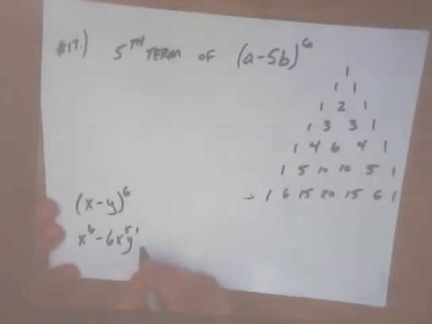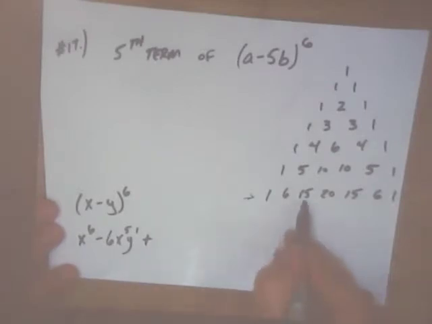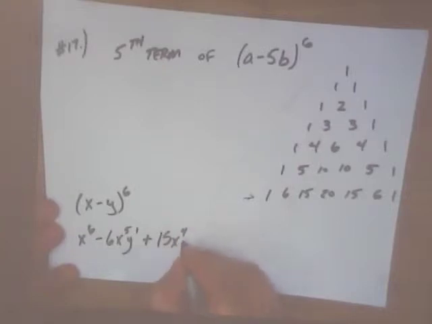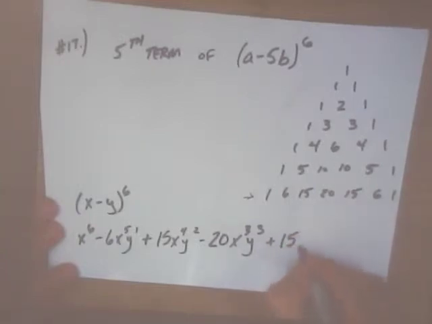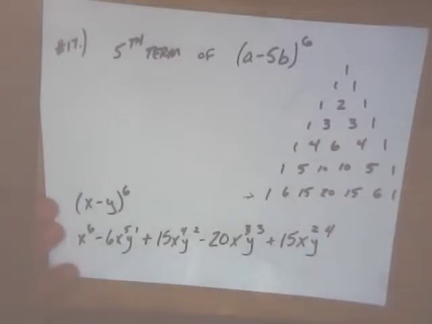And then plus, remember we're going to alternate signs, 15 x to the fourth y squared minus 20 x cubed y cubed. Notice my x's are decreasing, my y's are increasing. And then plus 15 x squared y to the fourth.